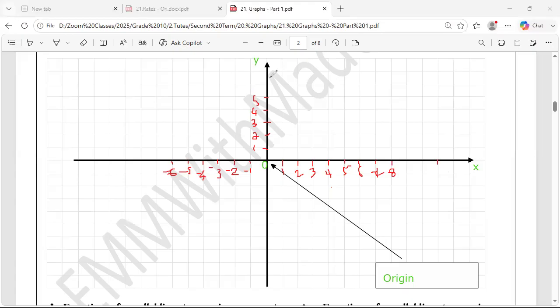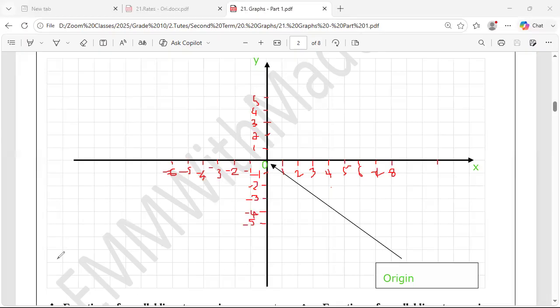Keep that in your mind. Then downside you are having -1, then -2, then -3, then -4, then -5, and so on.